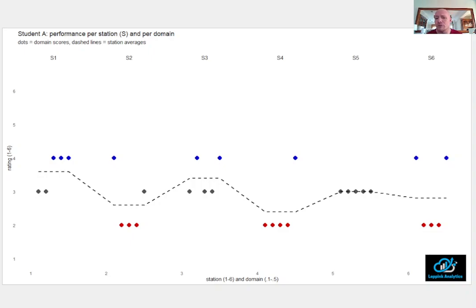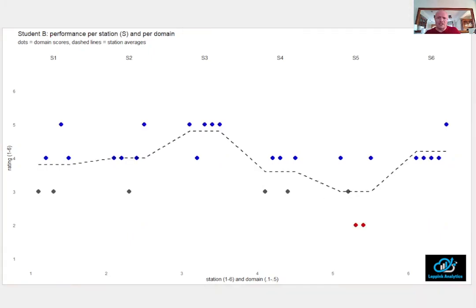And with the aforementioned borderline regression method, this candidate would normally land below the standard and hence have to prepare for a next occasion of the exam, in many programs also referred to as a resit. Here we have another candidate who performs visibly better than the first candidate we just saw.